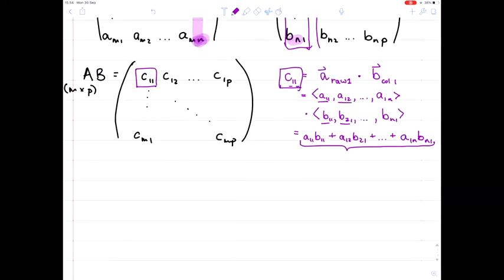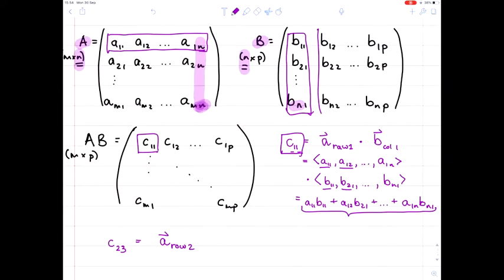If, for example, you wanted to find the second row, third column of your matrix product, then what you take is your A from row 2. So you take the second row of your first matrix and you dot it with the third column of your second matrix.